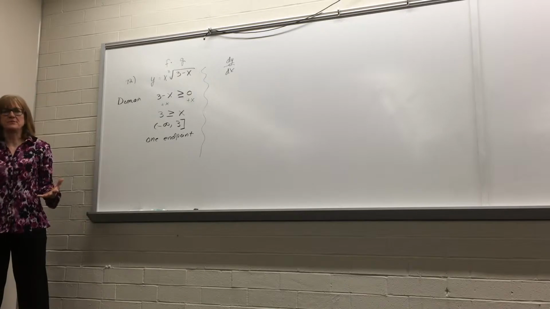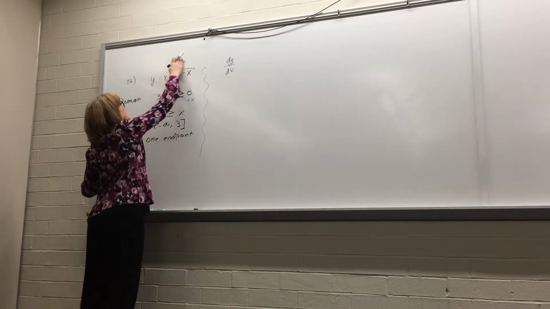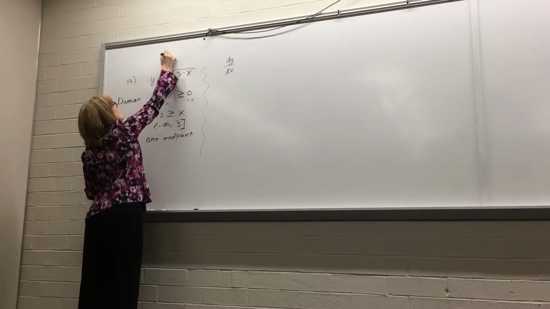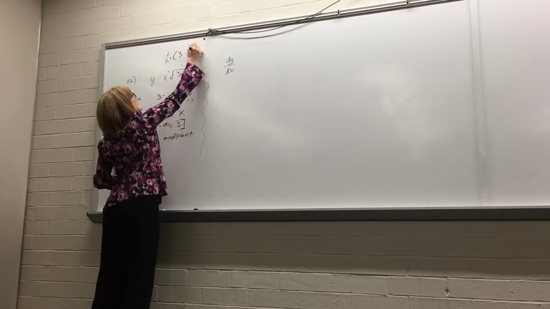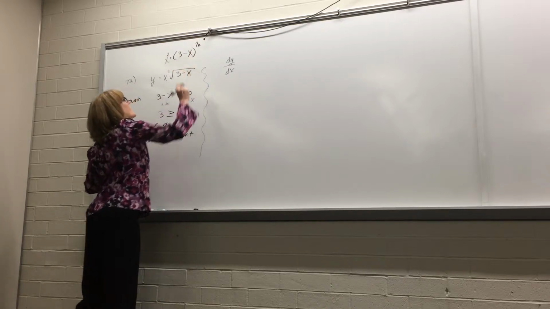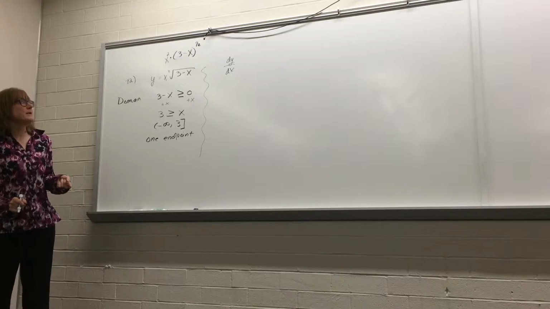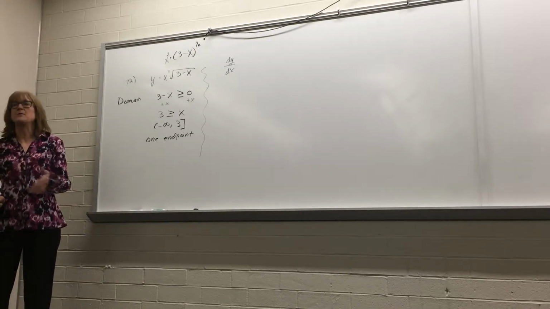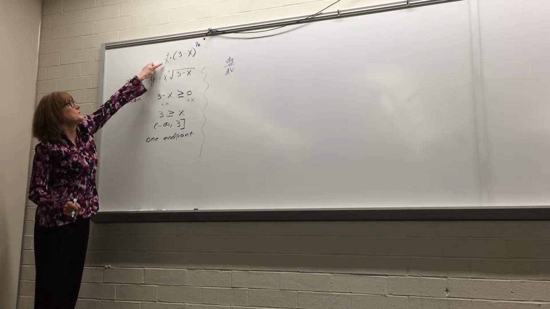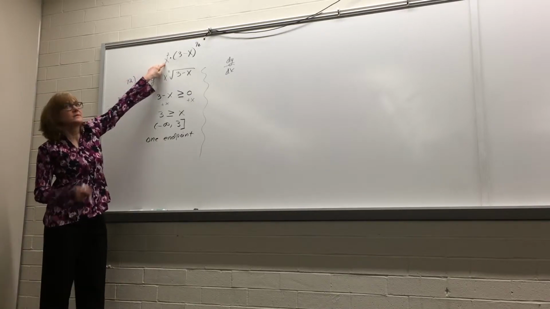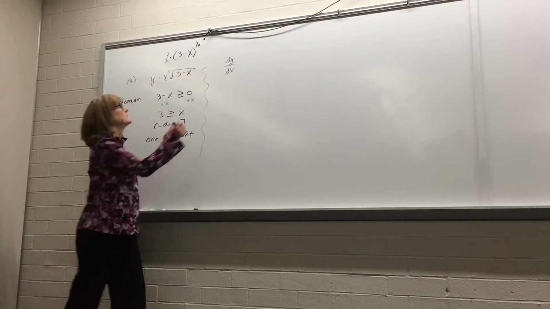Secondly, and you don't have to rewrite this, hopefully you can do it in your head if we've been doing enough of these, we have a composition also. We have 3 minus x all raised to the 1/2 power, so we will be using the chain rule on that also. But let's start with the derivative of x squared. So again, just the product rule. Derivative of x squared times the rest of it.